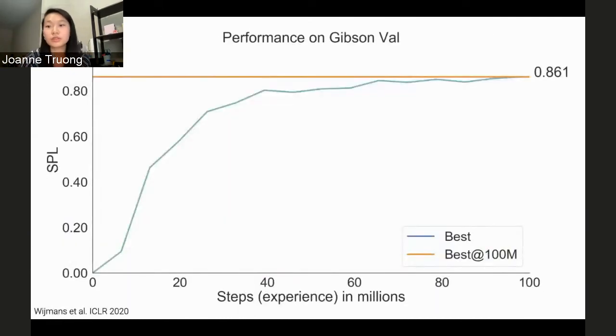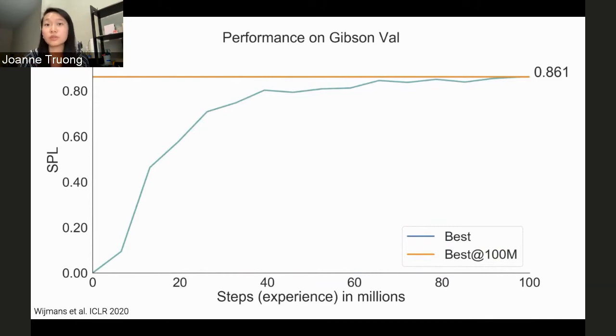And so prior works have shown that learning-based approaches can reach really good performance for the task of point goal navigation in a validation split. So these are unseen scenes for the robot. And the metric that we're using here, SPL, is success weighted by path length. So this effectively measures the efficiency of the robot. We want the robot to take the most efficient or the shortest path to the goal.